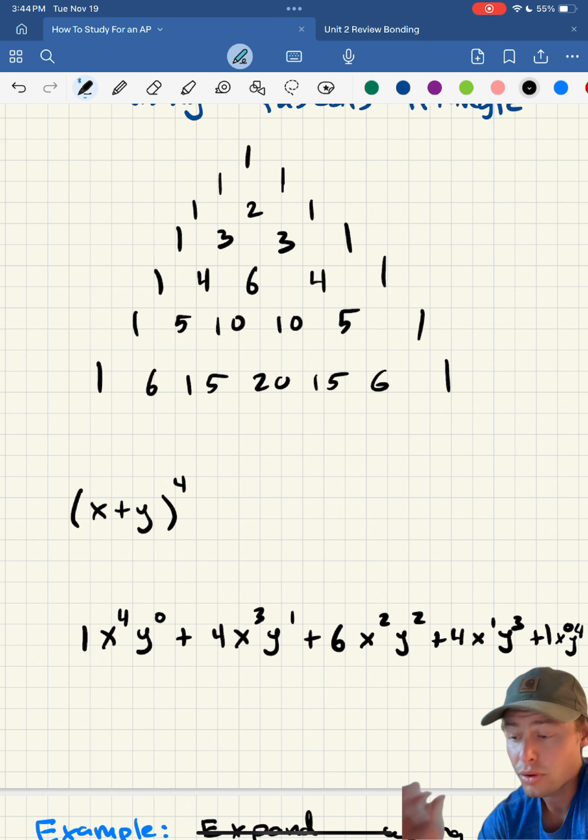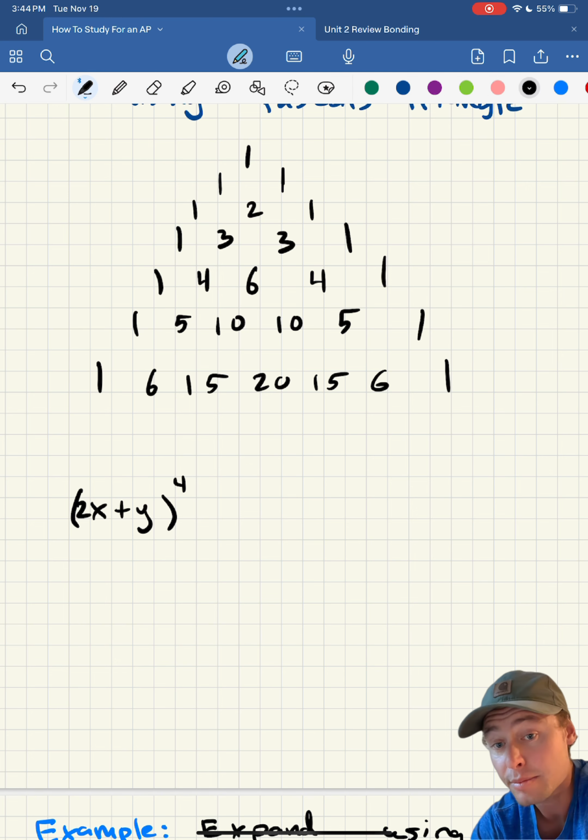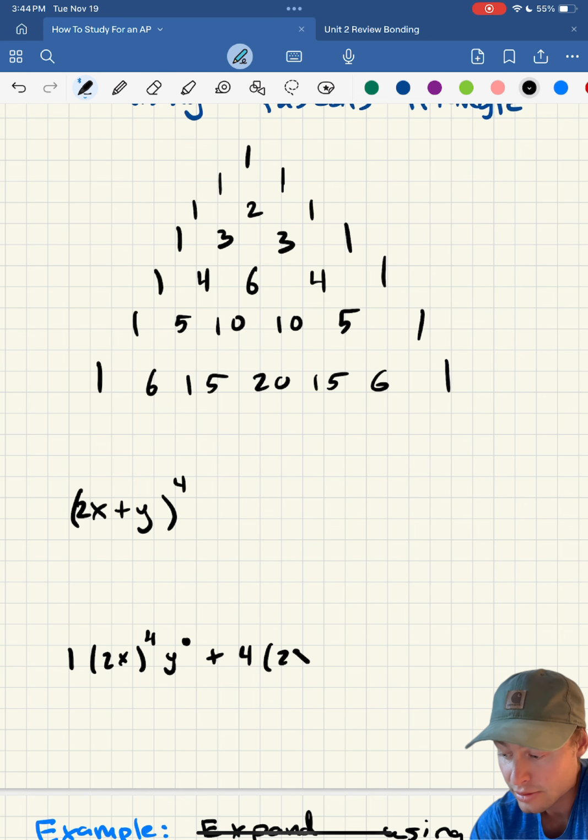Now, one thing that's important to note is, let's say that this had been a 2x inside parentheses here. Look how that changes. It becomes still 1 from the number outside of Pascal's triangle, but then in parentheses, it's 2x to the fourth, y to the 0. Okay? That parenthesis is super important because what does that mean?